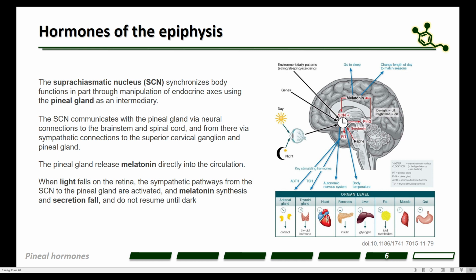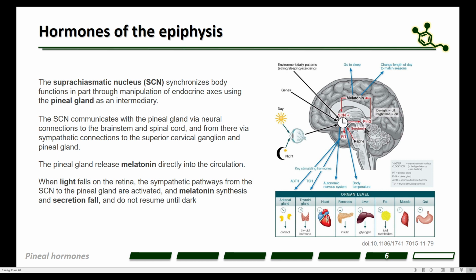So how does this happen? We do have the suprachiasmatic nucleus, which is responsible for the synchronization of bodily functions, and it happens through the endocrine axis, where you have the pineal gland as one of the glands.